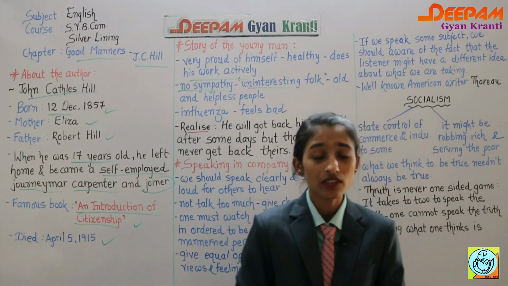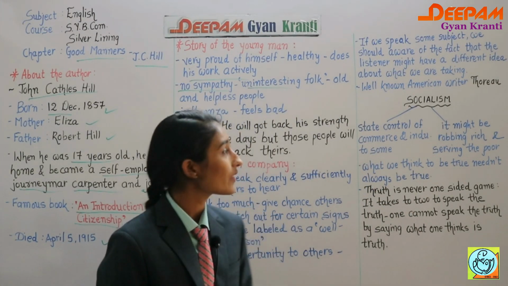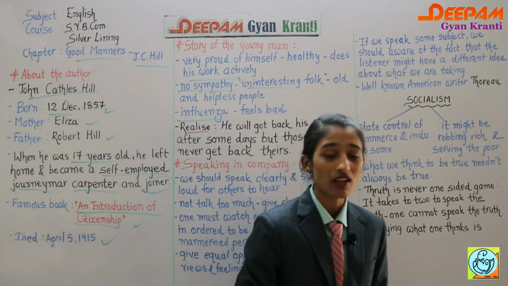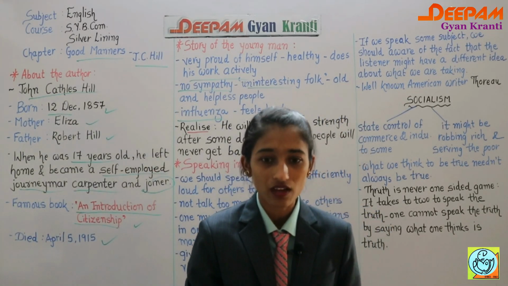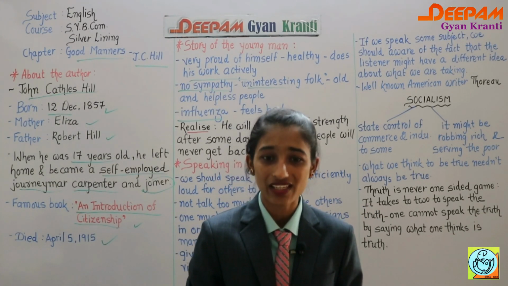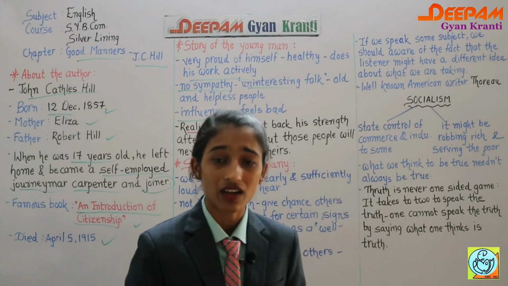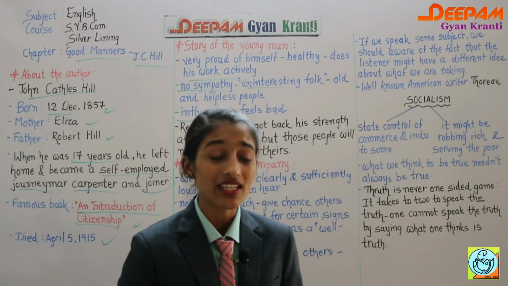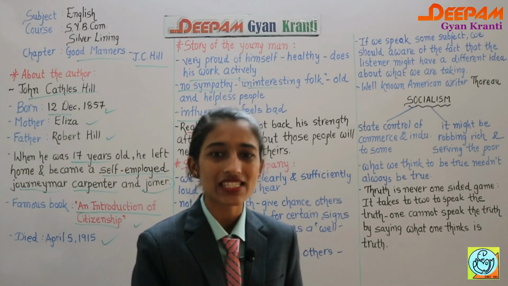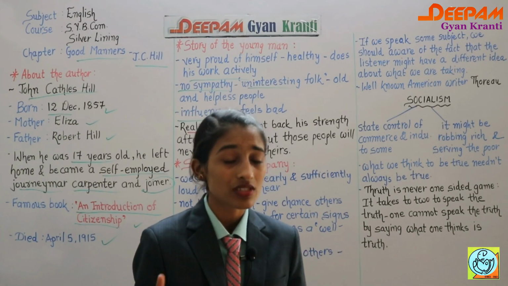Now one day he feels sick and is suffering from influenza, and because of the illness he feels very weak. One day he was traveling in the bus, and he observed that healthy and strong people sat on the seats, while he was very weak and still had to stand.